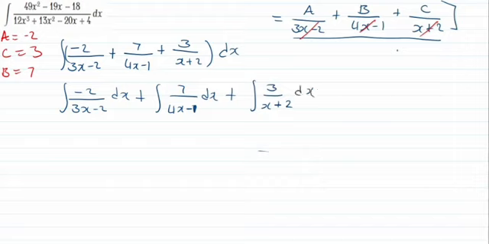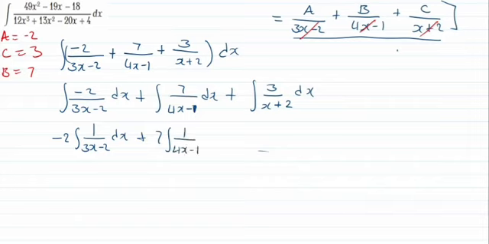So since we've split it, what we can do best is to factor out the numerator. So here is going to be -2 integral of 1 over 3x minus 2 dx plus 7 integral of 1 over 4x minus 1 dx plus 3 integral of 1 over x plus 2.